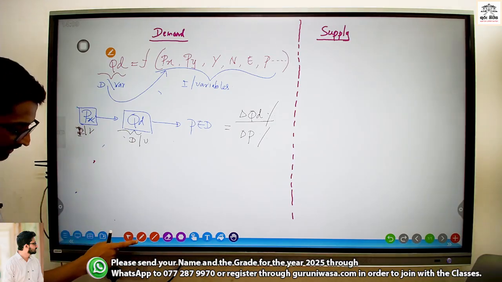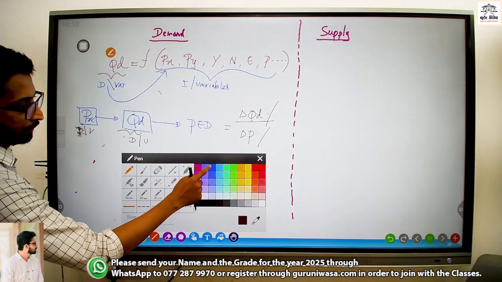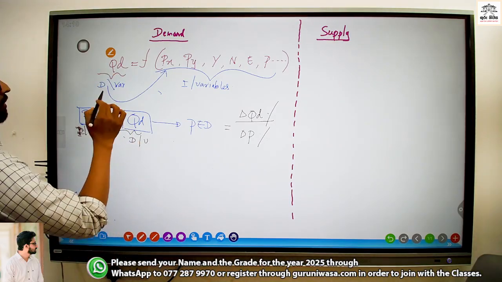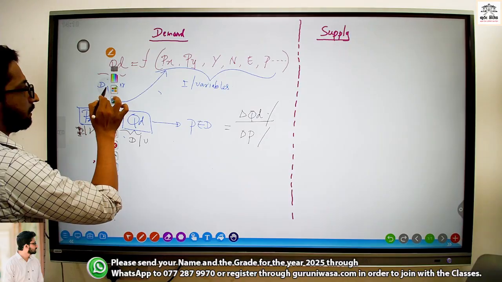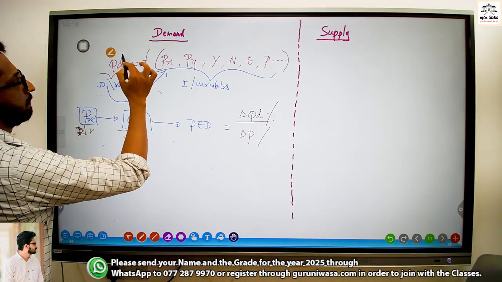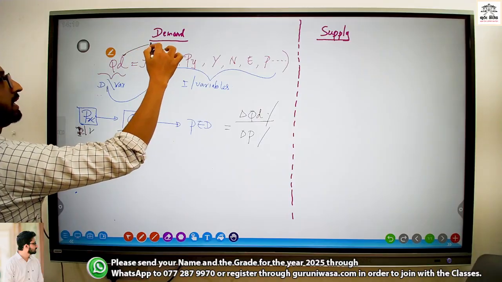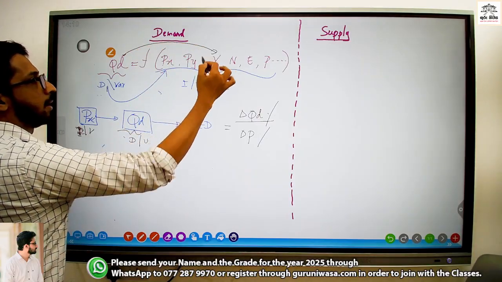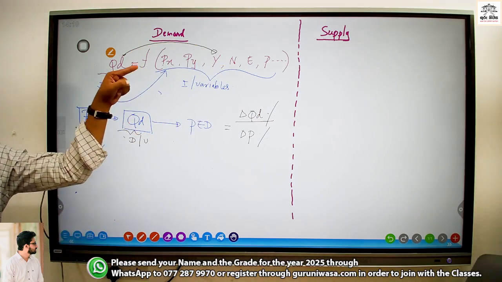Then, in your syllabus, we calculate another elasticity for these two variables. We calculate elasticity for quantity demand and buyer's income.